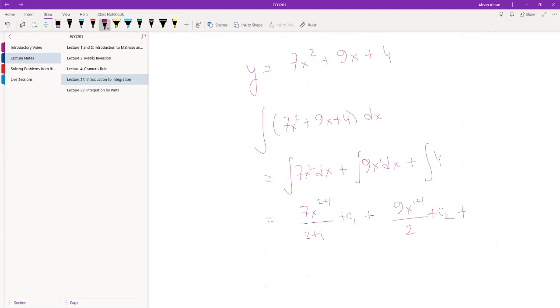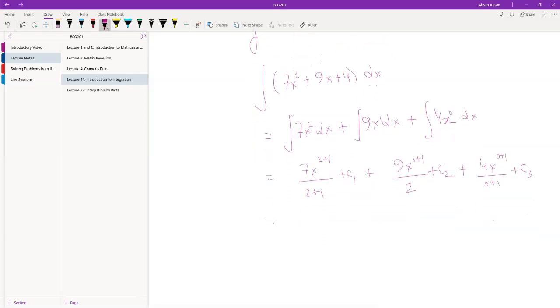But we can also say this is equal to 4 times x to the power 0 dx, because anything to the power 0 is 1. Right? So when we integrate this, what we get is 4x to the power 0 plus 1 divided by 0 plus 1 plus C3. And so what do we get?